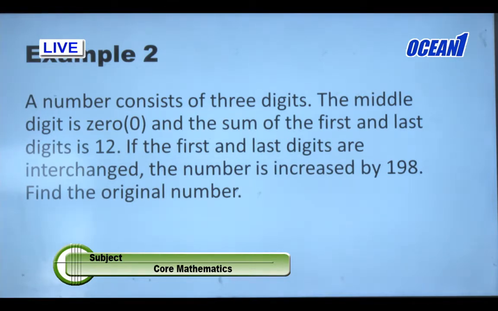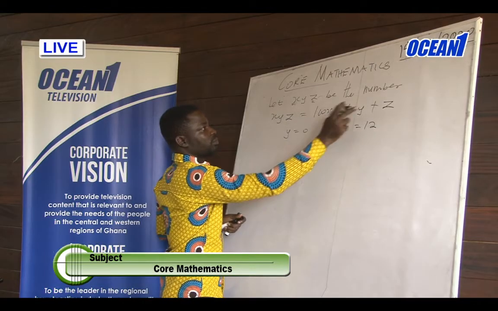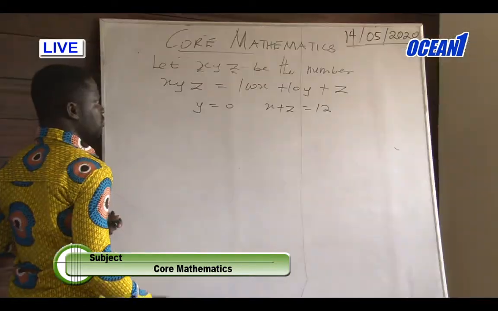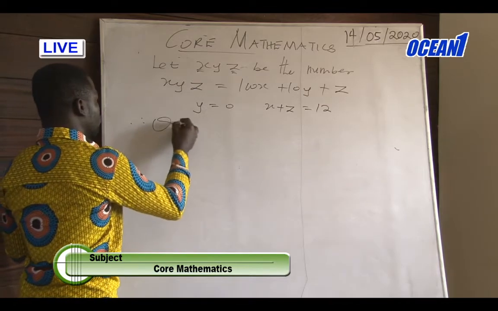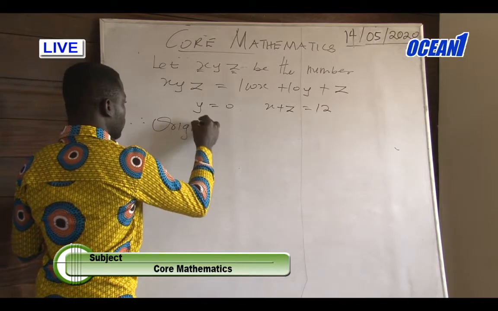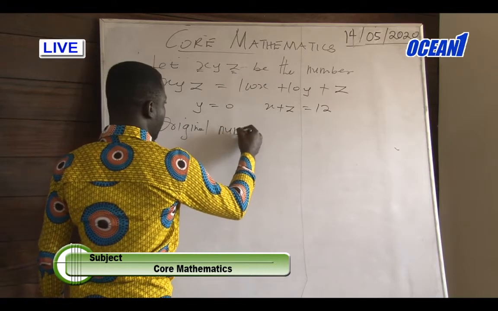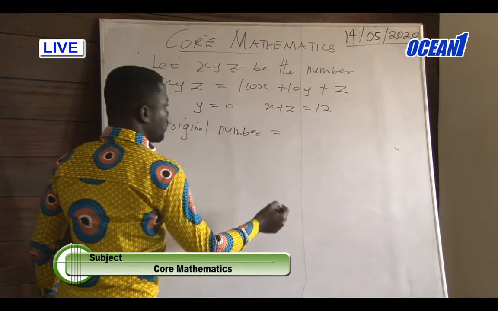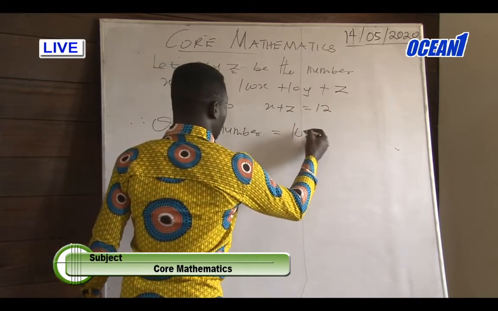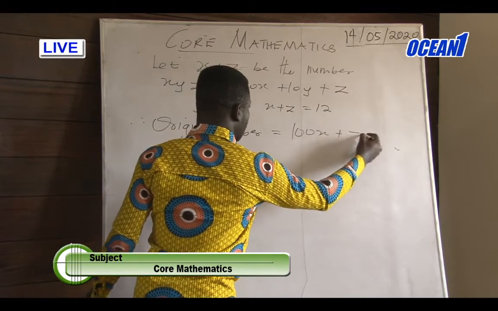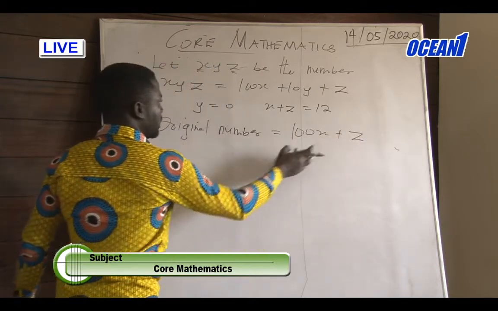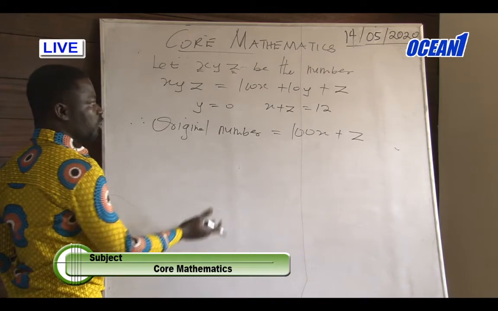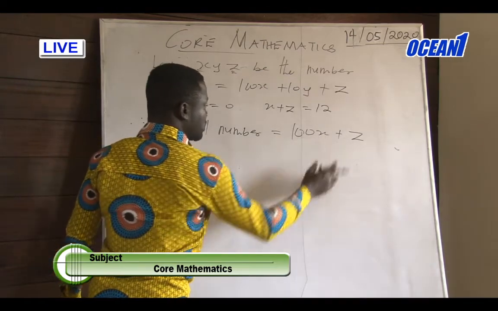So if the middle number is 0, our original number is going to be 100x plus z, because the question is saying the middle number is 0.